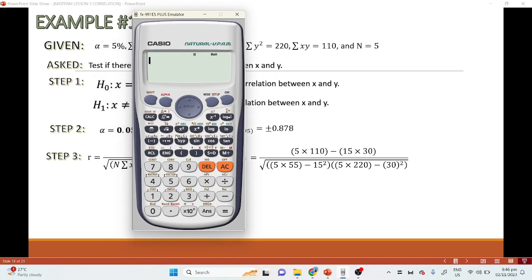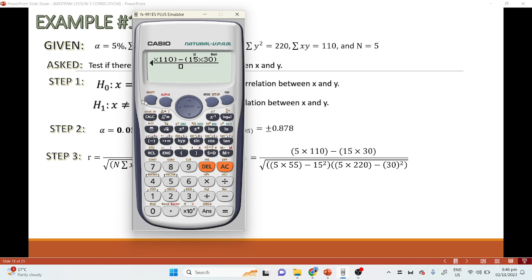Mas maganda na ganito, yung tangible talaga, yung nahahawakan, ang gamitin nyo in your midterm examination, ha? Okay, so first, we need to create itong ating fraction bar. Sa taas, we have 5 multiply by 110, close parenthesis minus, open parenthesis 15, multiply by 30, close parenthesis.